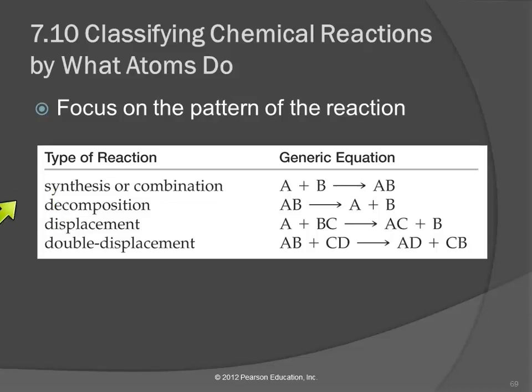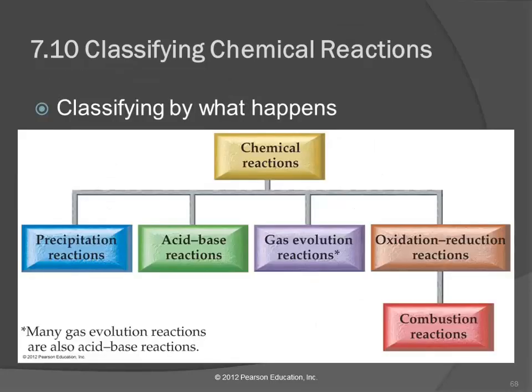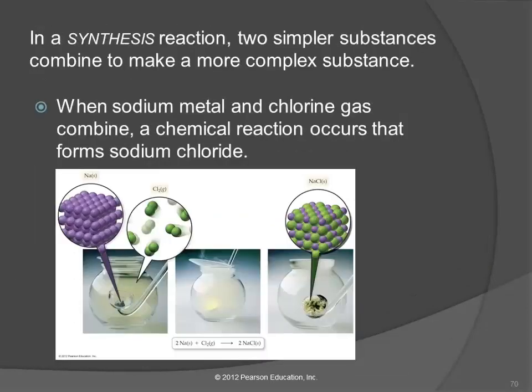So these categories are synthesis or combination, decomposition, displacement, often called single displacement, and double displacement. And these are the general patterns for those. The previous classifications, these guys, we have already gone over those. We've discussed those different types of reactions. So now we're going to talk about this other way of classifying.